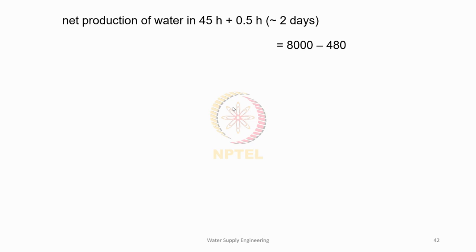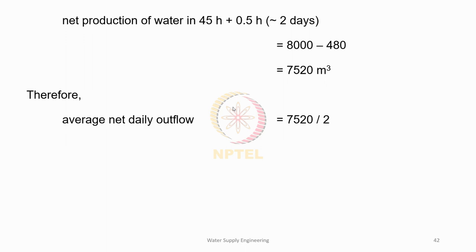Now the net production in 45 hours plus 0.5 hour, which is approximately 2 days, will be 8,000 minus 480, which is 7,520 meter cube. That is happening in approximately 2 days, or 45.5 hours.